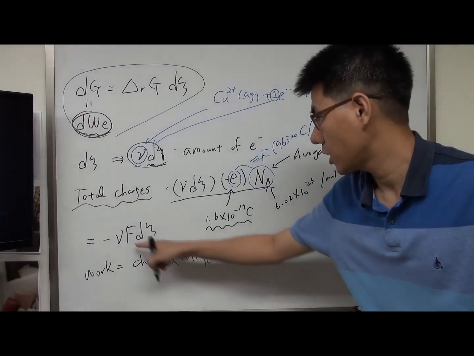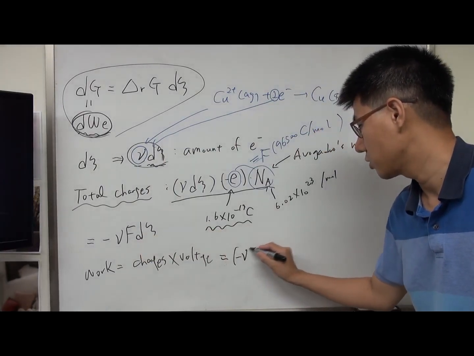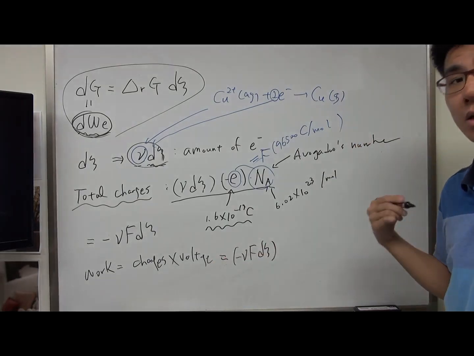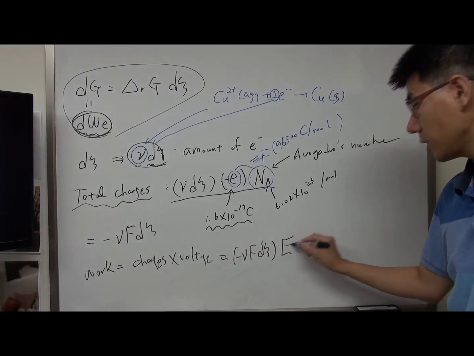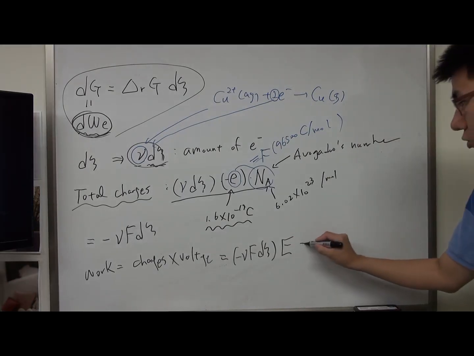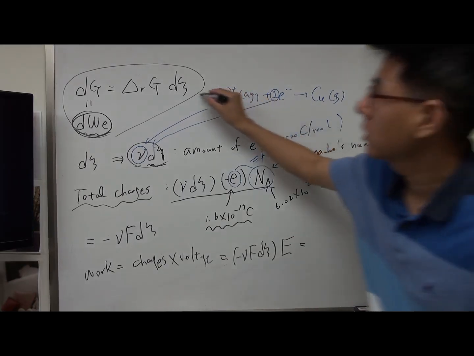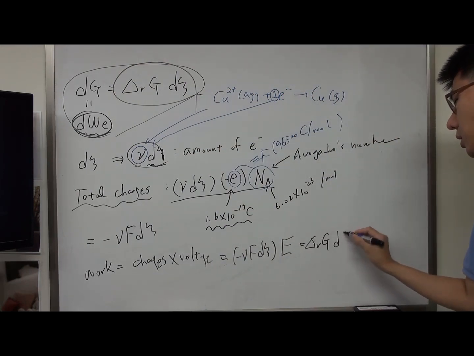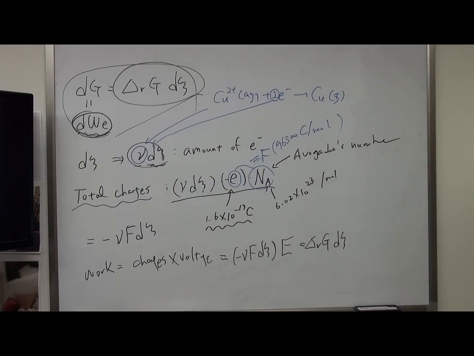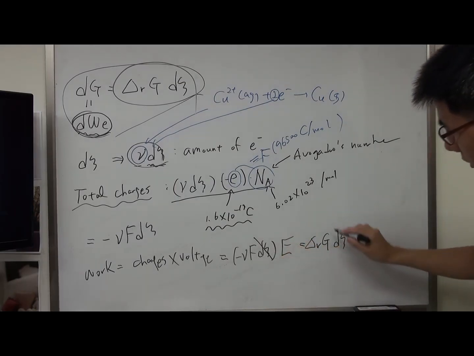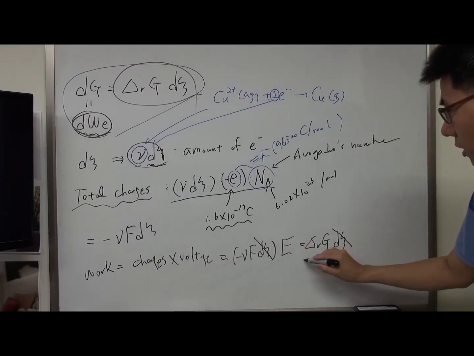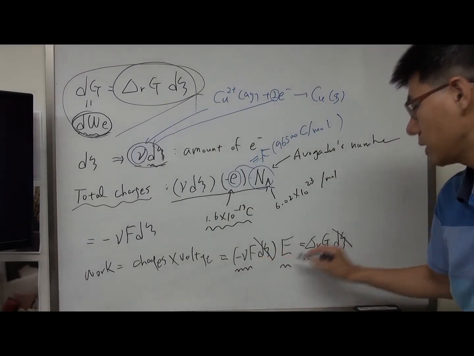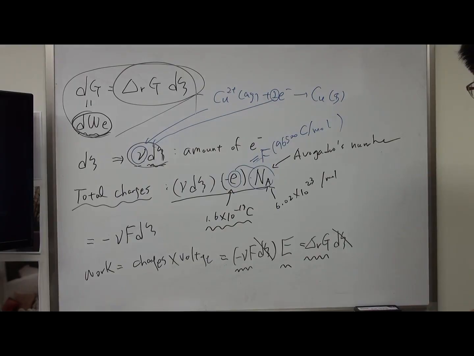And the total charge is minus nu F d psi, and the voltage is the electrical potential, E, okay? That should be the same as this, delta r G d xi. So now we get that the reaction Gibbs energy corresponds to minus nu F times the electrical potential, okay?